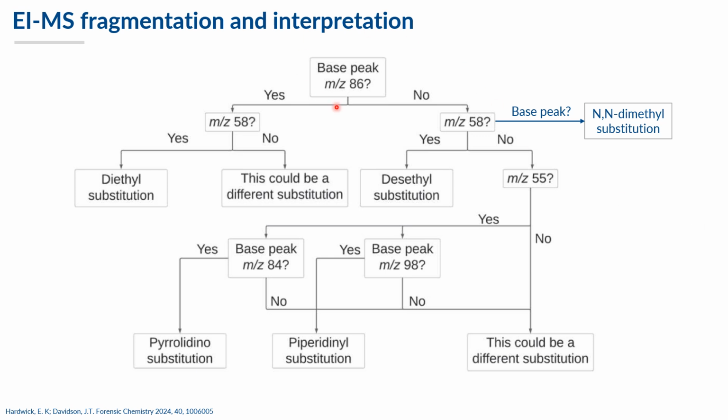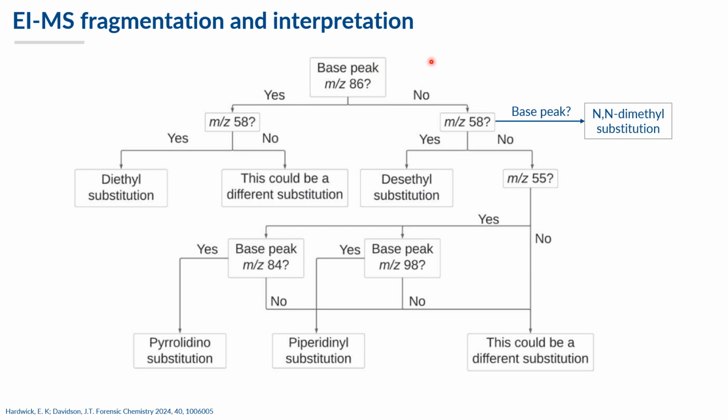If there is no peak at 86, but you see a large base peak at 58, then you likely have an N,N-dimethyl substitution. If you have a peak at 58, but it's not the base peak, it is likely to be a desethyl substituted analog.